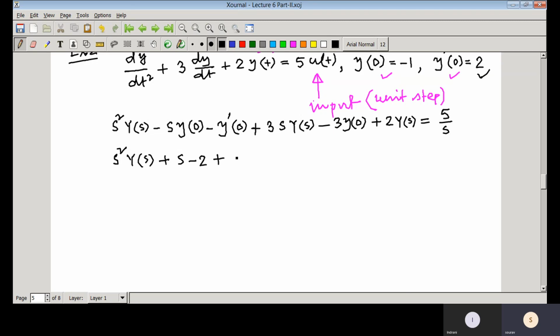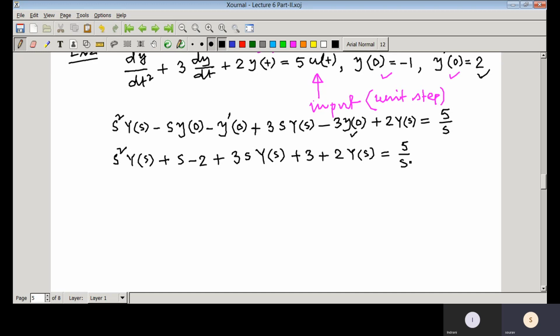Now 3sY(s) minus 3y(0), so this is y(0) equal to -1, so that would be +3, plus 2Y(s) equal to 5 by s.